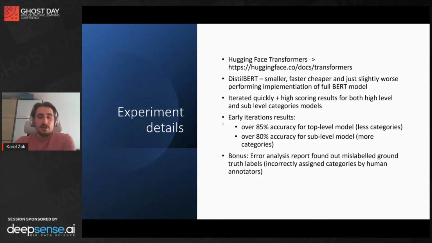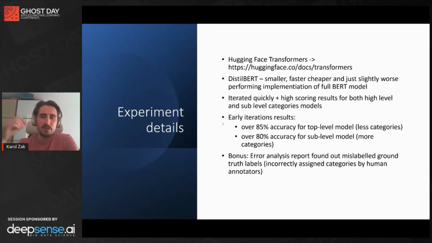As an interesting bonus, we built an error analysis report, which was basically taking the most obvious mistakes that our model made. It was very confident in some of the predictions, while the ground truth for this prediction was something completely different. So we took these high confidence results and we generated a report.